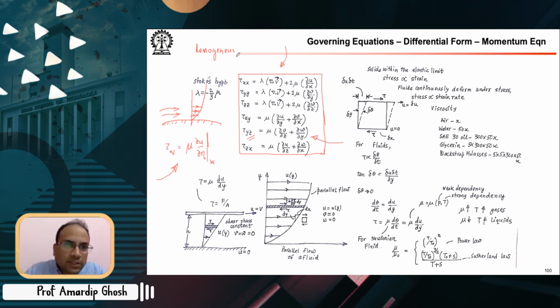So homogeneous means the properties are not changing with location. Of course, U, V, W are changing, but when we say homogeneous, we mean the properties of the fluid, and viscosity is one of them, and this viscosity is constant in the region that you are looking at.